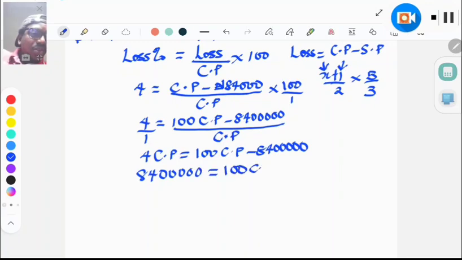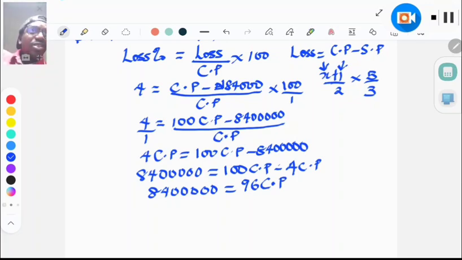Then we have 100 CP, minus, when it crosses the other side, it becomes minus 4 CP. And that's going to give us 8,412,345 equals 96 CP.